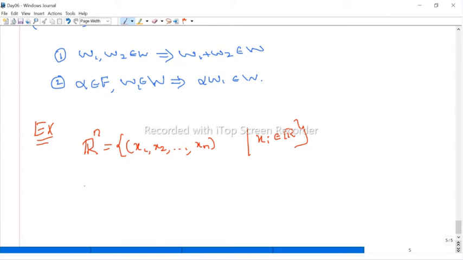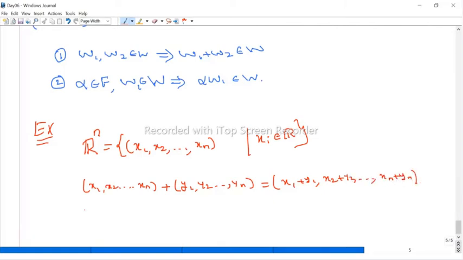Now we can add two n-tuples, right? So how can we add? Suppose (x1, x2, etc., xn) is one n-tuple, and suppose we have another n-tuple (y1, y2, etc., yn). We define the sum term by term, that is (x1 plus y1, x2 plus y2, etc., xn plus yn). This is the addition.